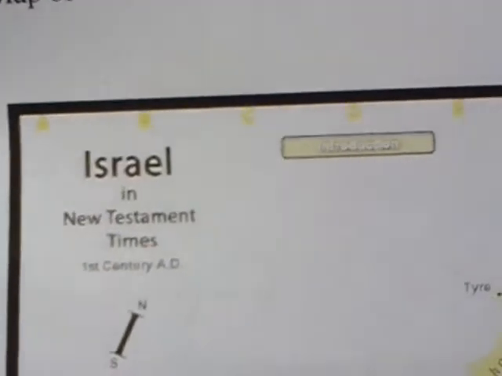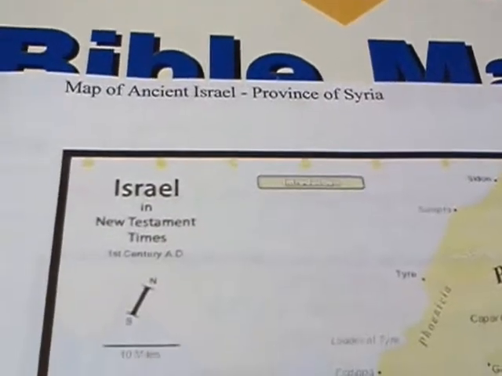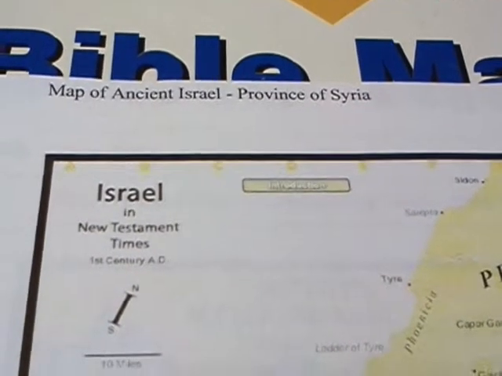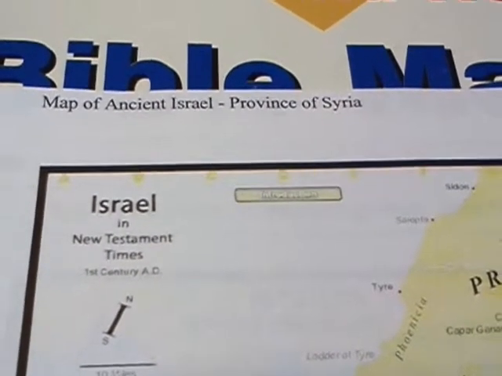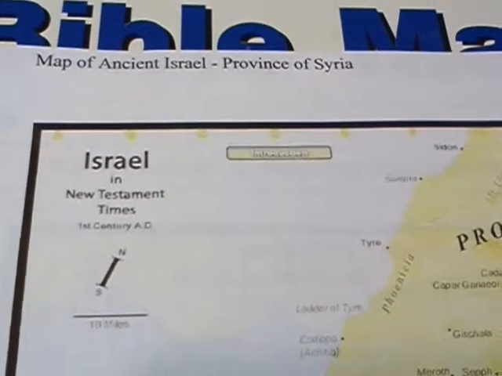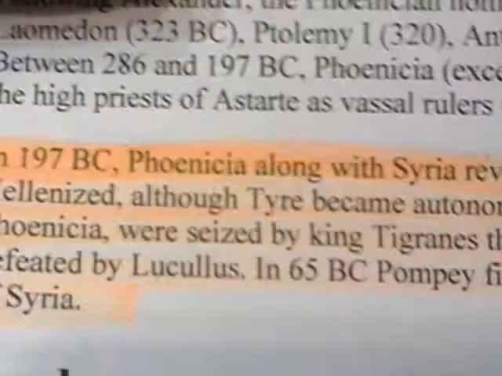Because when you read the book of Daniel and First Maccabees, it's going to tell you that when Alexander the Greek died, he set up his generals, which were four generals: Cassander, Lysimachus, Ptolemy, and Seleucus. And Seleucus was over Phoenicia and Syria. The region became increasingly Hellenized.